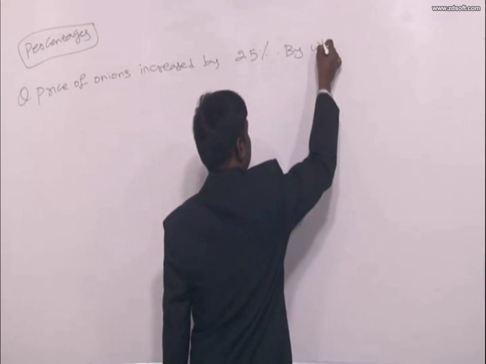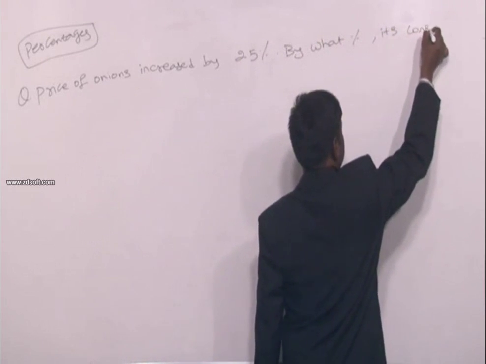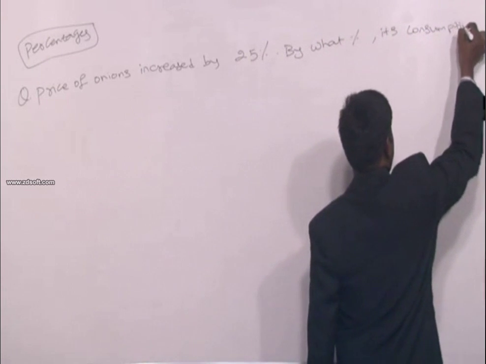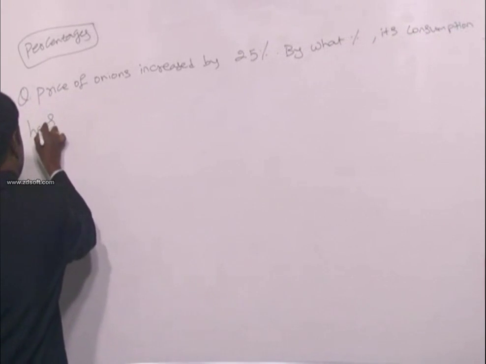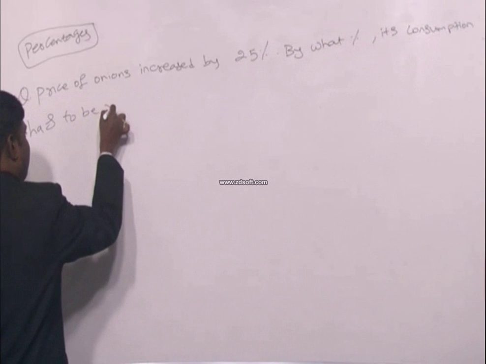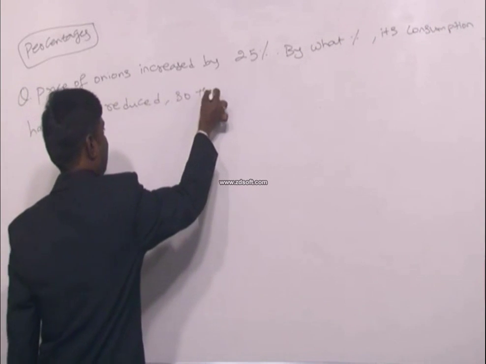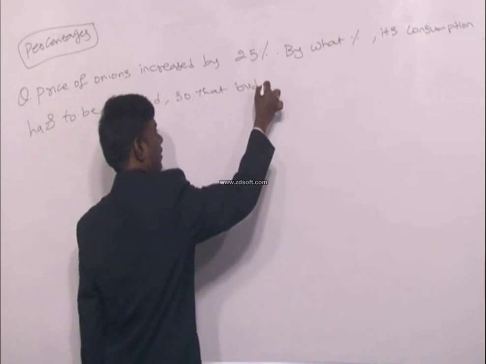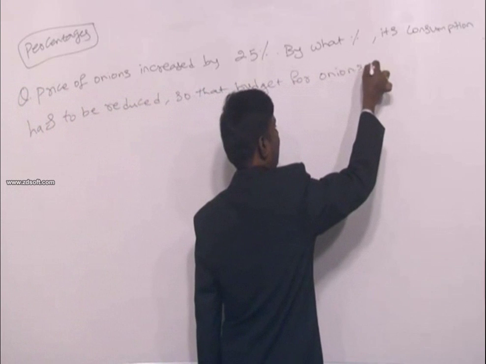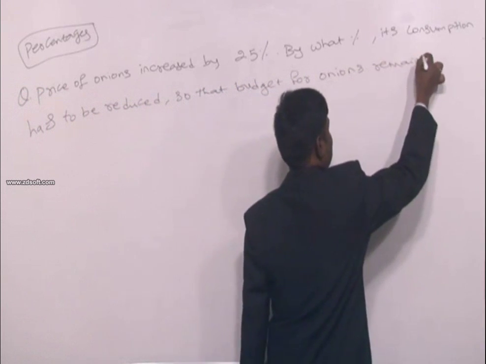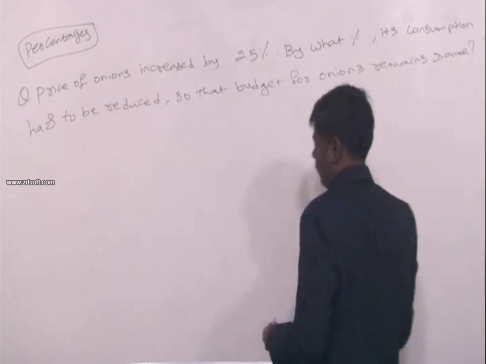By what percent has its consumption to be reduced so that the budget for onions remains same? Try this problem.